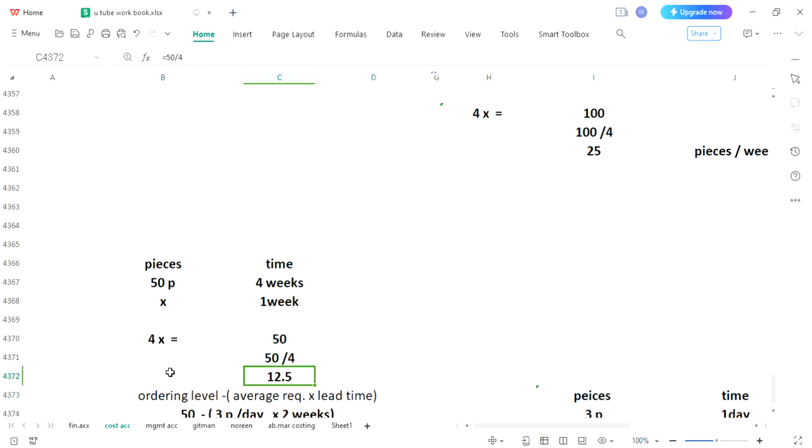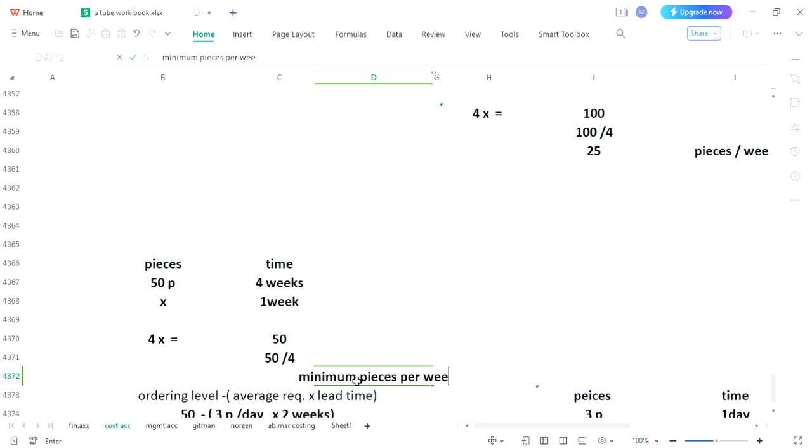So now we can calculate 50 divided by 4. We have got 12.5. And what 12.5 is? It is minimum pieces per week we have calculated.